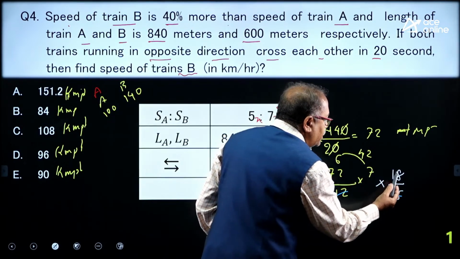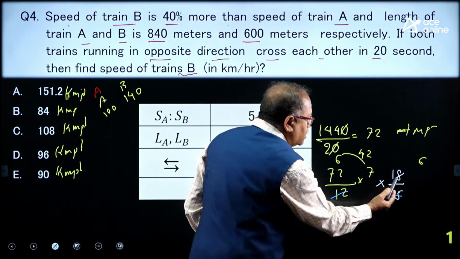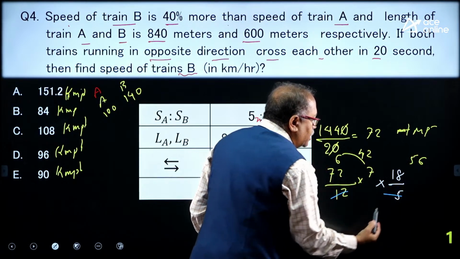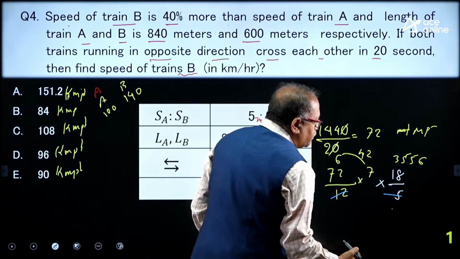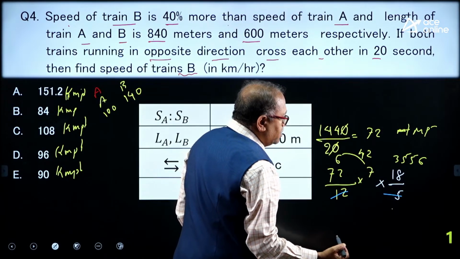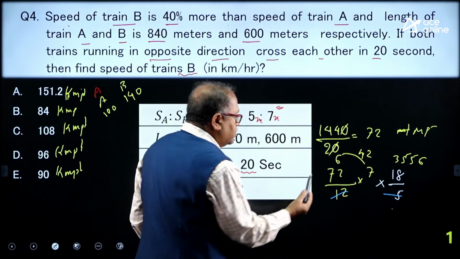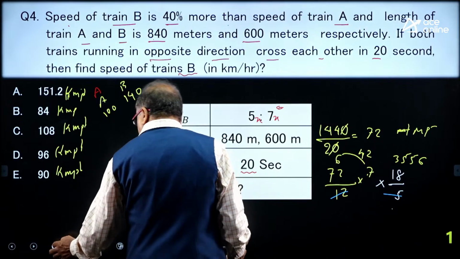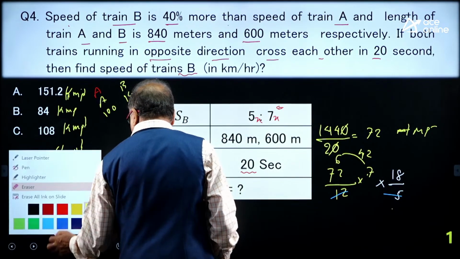So, what will be, 8 twos are 16, carry 1, and the next one 8 fours are 32, 34 and 35, carry 3. No, here again the multiplication is going wrong. 6 into 7 into 18, and the result is 756.